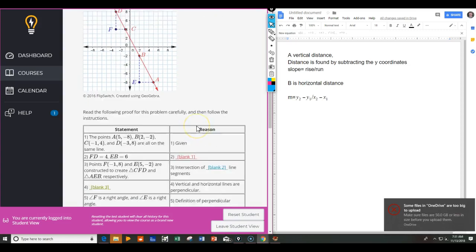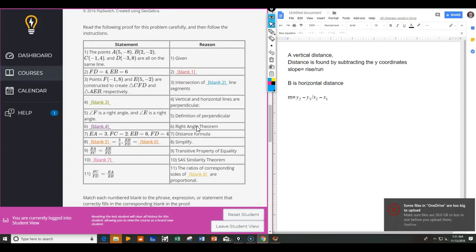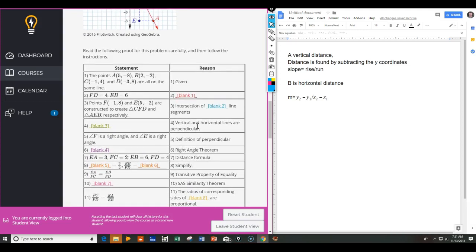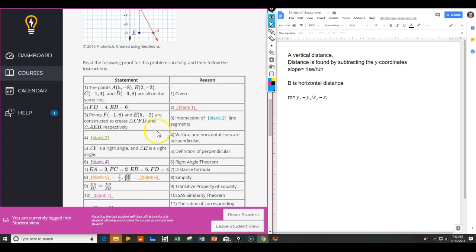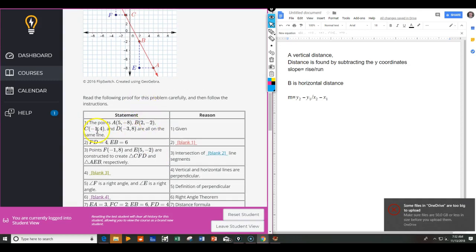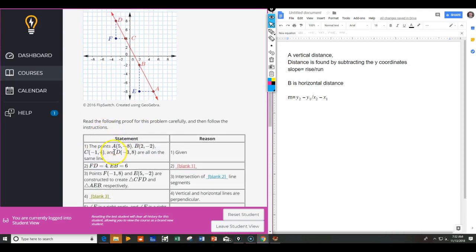So this is very similar to the last one, and so we can use the last one as our reference if we would want to. So we have the points here: A (5, -8), B (2, -2), C (-1, 4), and D (-3, 8) are all on the same line.